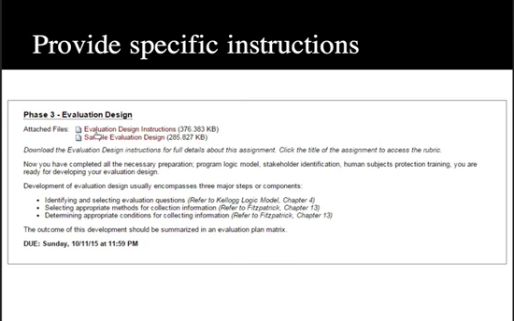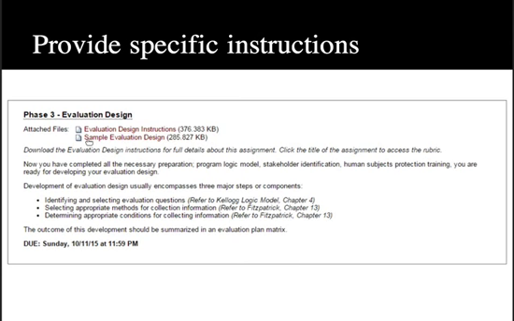I also gave them an evaluation design instructions document. So this is a Word document. Actually, I converted it to a PDF and then attached it here to this assignment. That PDF gives really very detailed instructions for every step they should take in completing this assignment.